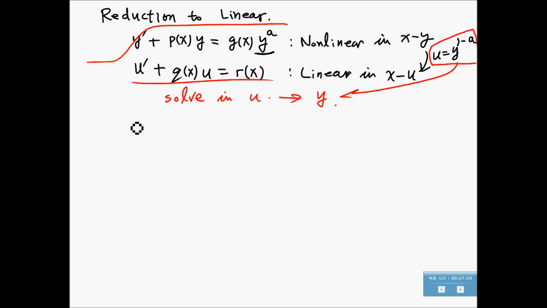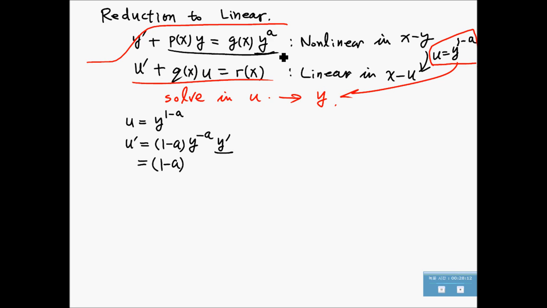So we assume that u is y to the 1 minus a. That's the transform we try, and we do the differentiation. u prime is 1 minus a y to the minus a. But don't forget y prime, because it's y. So u prime equals 1 minus a times y to the minus a times y prime.